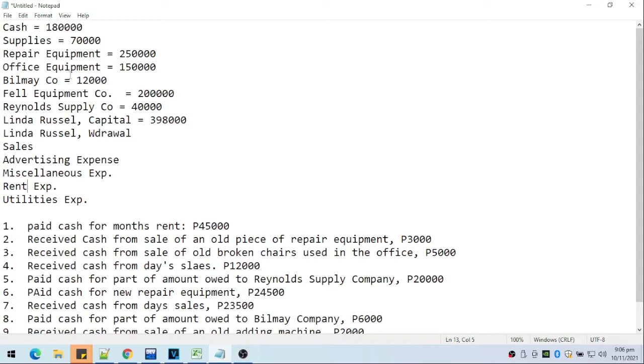We receive cash, so that will increase our cash, and that means we place it on the debit side. And we have sold our old piece of repair equipment, so that will lessen our repair equipment. For an asset to decrease, we place it on the credit side, amounting to 3,000.